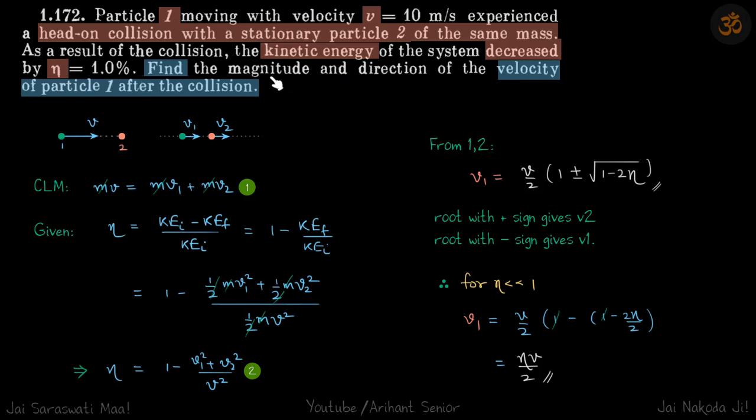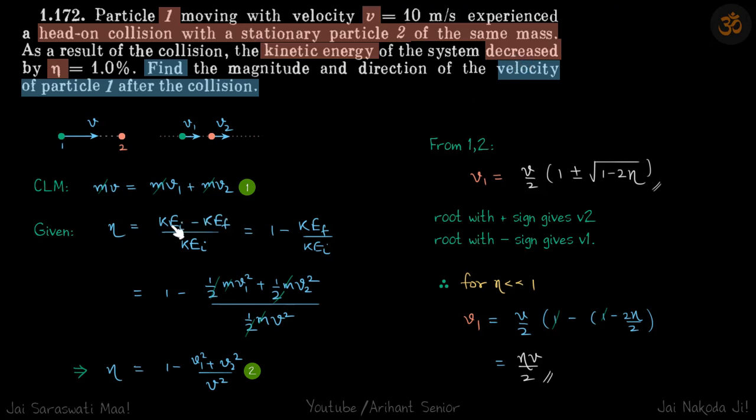Now let's talk about the magnitude of it. For that, we need to do some calculations. So we'll do our momentum conservation first, which will give mv is equal to mv1 plus mv2. Masses are the same, so our equations become much simpler. And it's given that eta is how much the kinetic energy of the system has decreased.